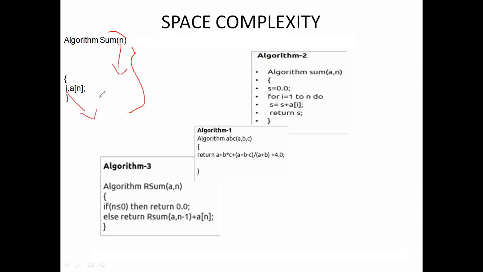They will allocate 2 bytes of memory. So here i and n are the fixed part. Here a of n is not the fixed part, because for example, if the value is 6, then 6 blocks of memory will be allocated for that array.